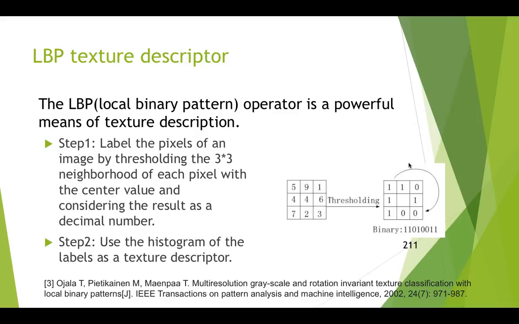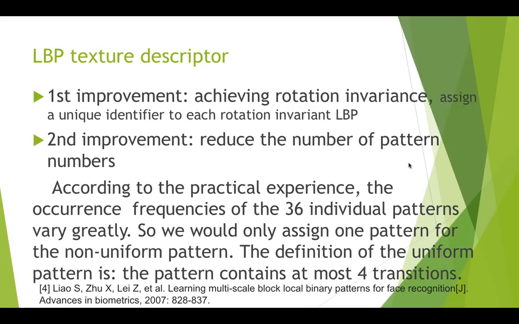Where the center pixel's value is greater than the neighbor's value, write 0. If it is smaller than the neighbor's value, write 1. This gives an 8-digit binary number. After this, we compute the histogram over the cell of the frequency of each number occurring. This histogram can be seen as a feature vector.